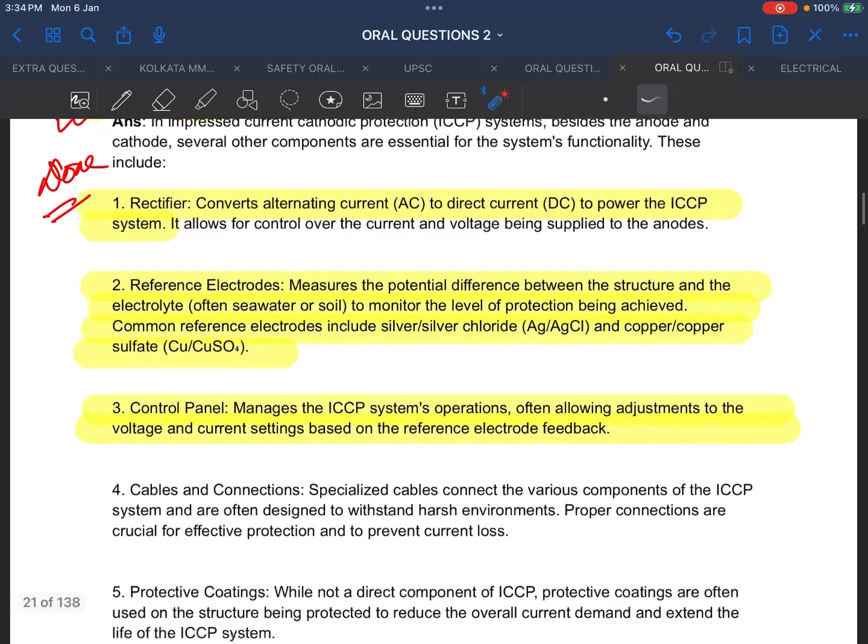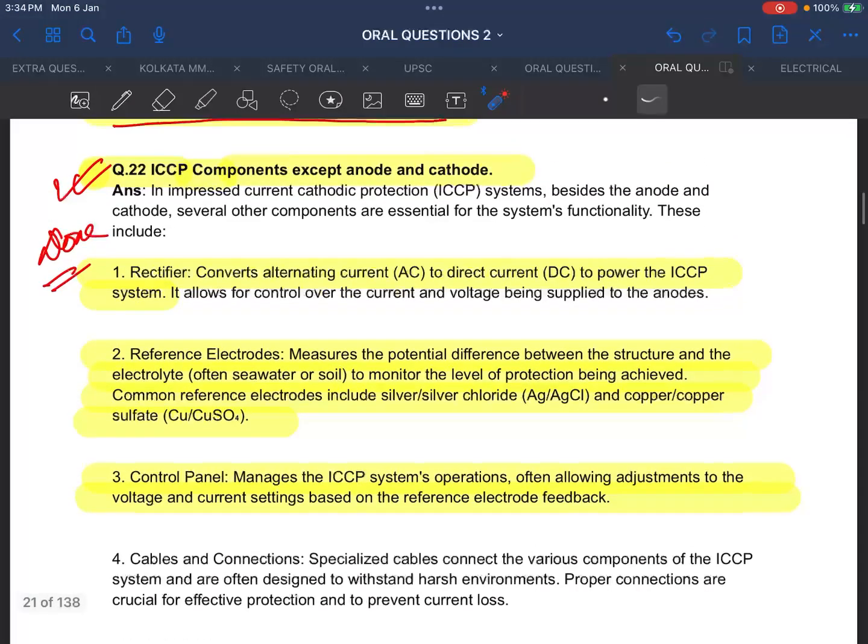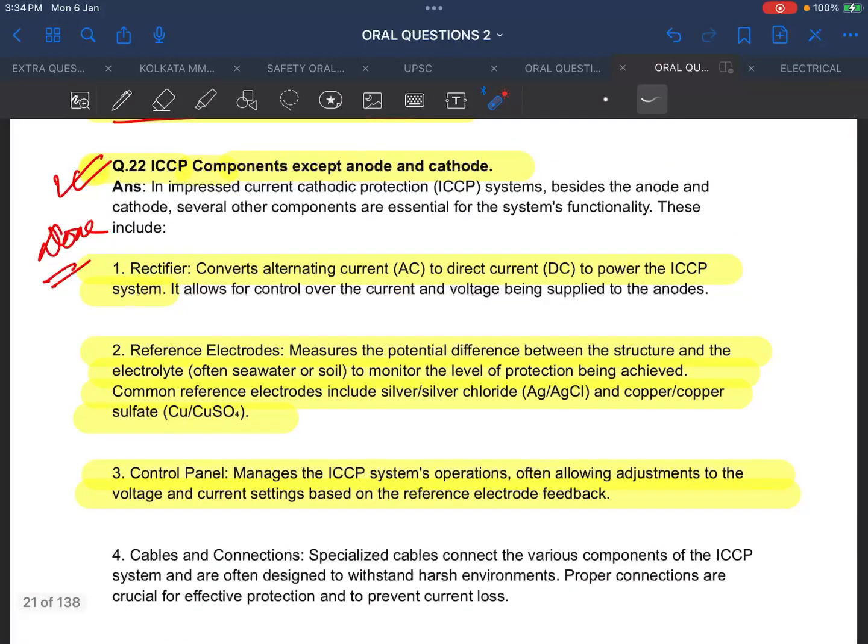I will explain and show you everything later. So what are the other components? There is a rectifier also, which converts AC into DC to power the ICCP system, because the ICCP system works on DC.